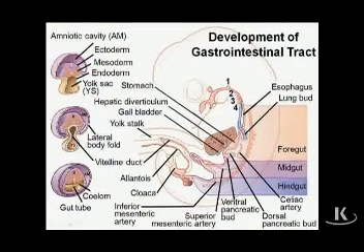Now, usually that vitelline duct fuses and disappears, leaving us with just the gut tube inside the embryo with no communication to the outside. Sometimes that vitelline duct remains patent. There's an open communication out into the umbilical cord, so that when the umbilical cord is severed after birth, we now have a patent communication between the intestinal lumen and the outside world, and that would be called a vitelline fistula.